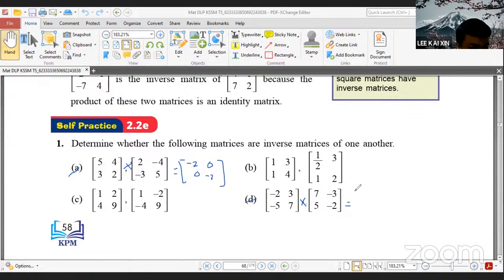Yeah, you get an identity matrix, 1, 0, and 0, 1.